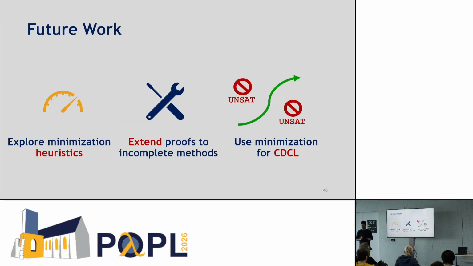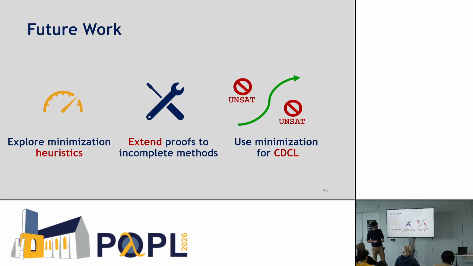So looking ahead, there are three main things that we're looking to do. The first is to explore minimization heuristics and see if they are more effective. The second is we'd like to extend the proofs to incomplete methods, so we can use this method for a larger variety of neural network verifiers.